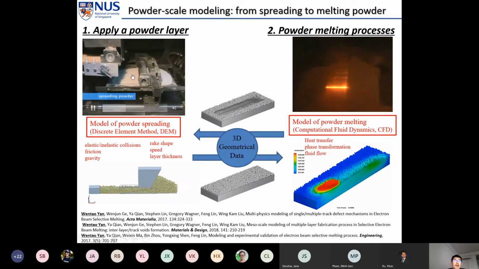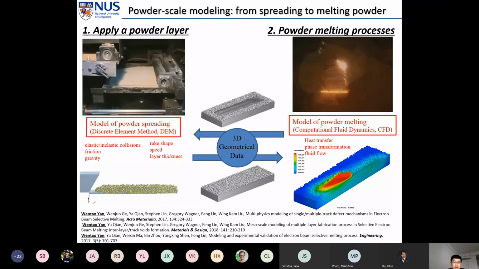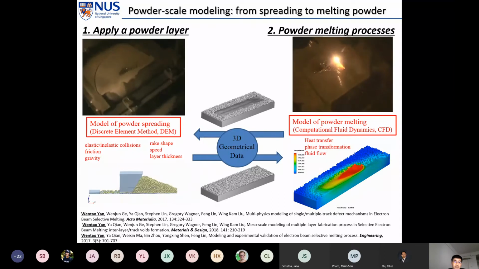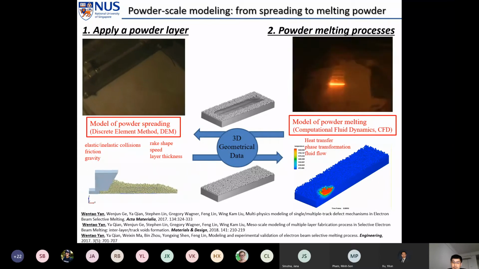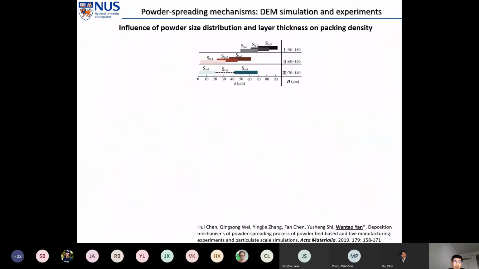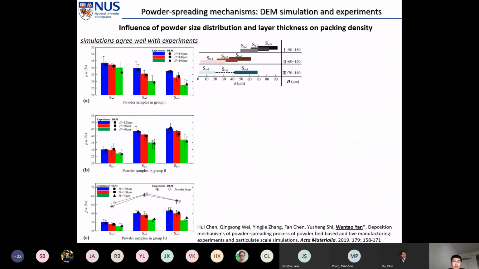And second is we can provide guidance on the powder size distribution selection. So we use this model to investigate the influence of powder size distribution and layer thickness.